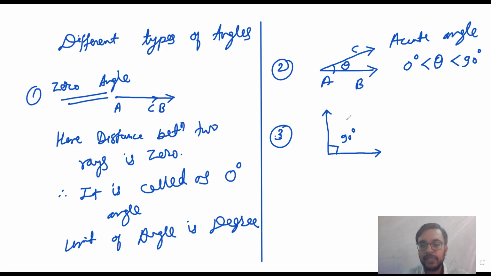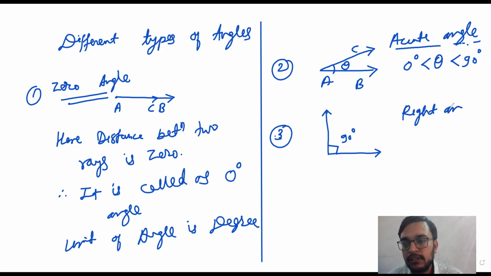This type of angle is called a right angle.